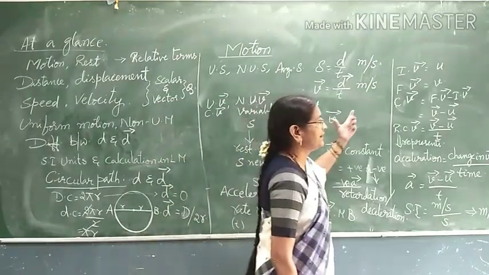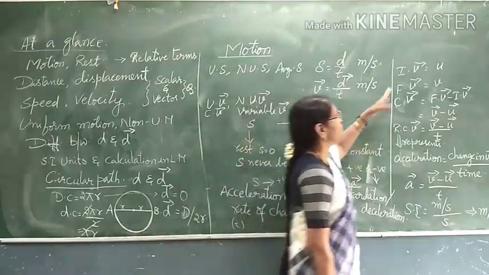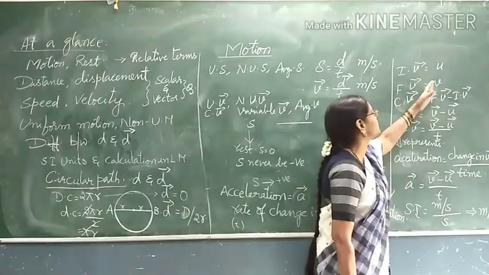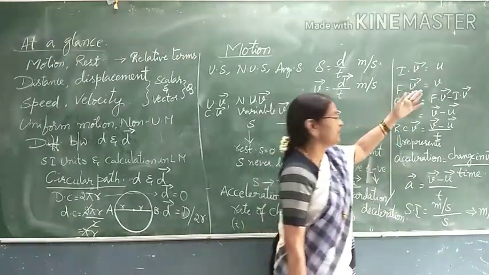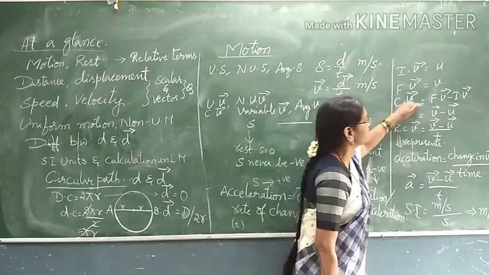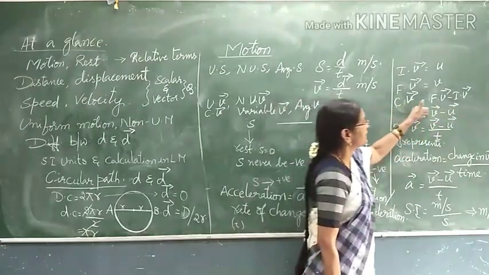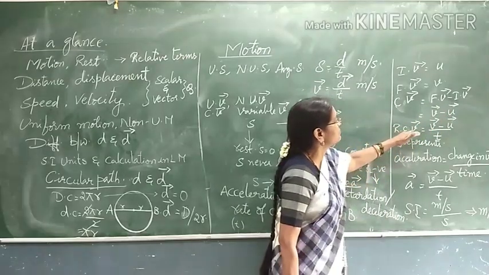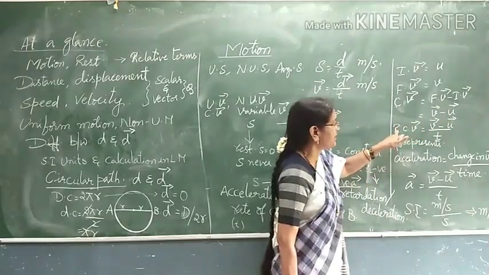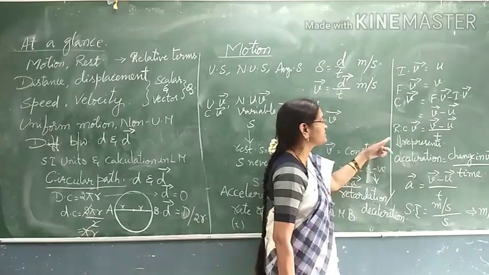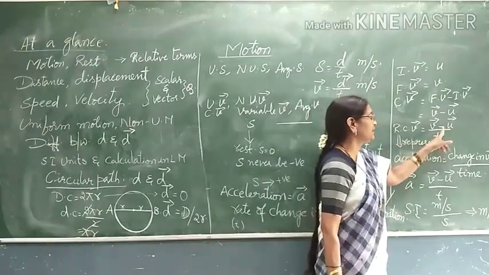Let us assume that the initial velocity of a moving object is u and final velocity is v. Then change in velocity is equal to final velocity minus initial velocity, that is v minus u. Then rate of change in velocity is, as rate represents time, v minus u by t.